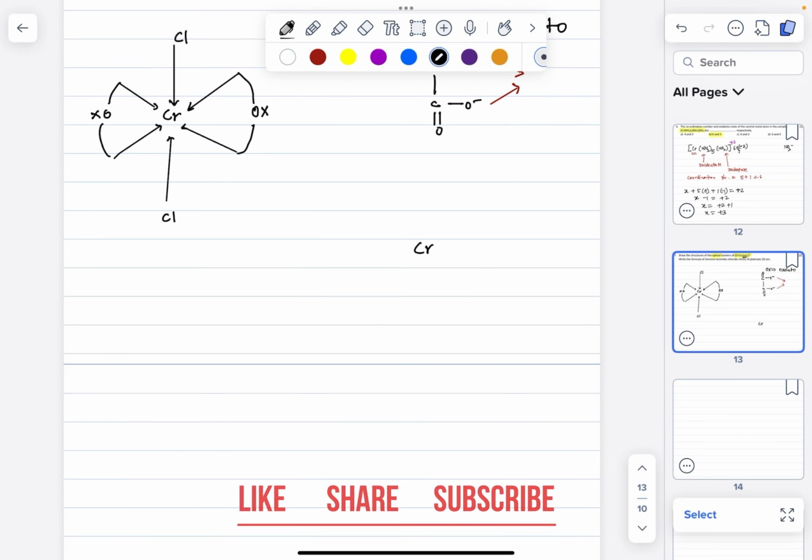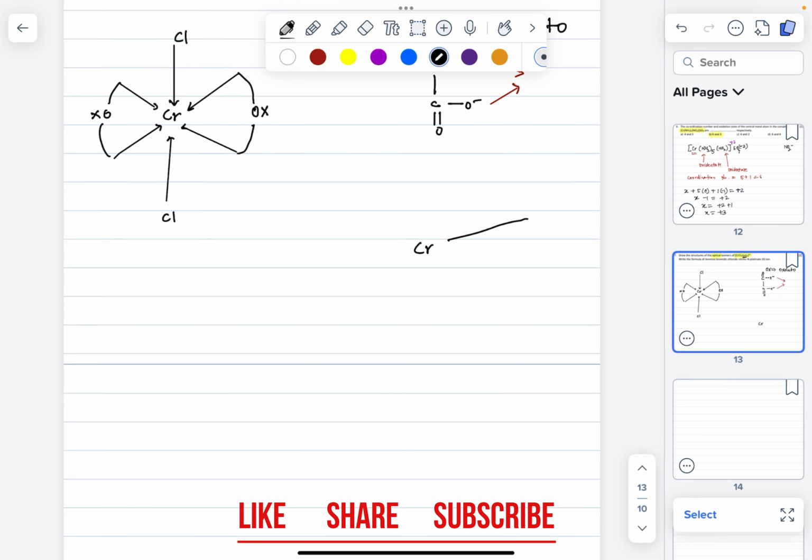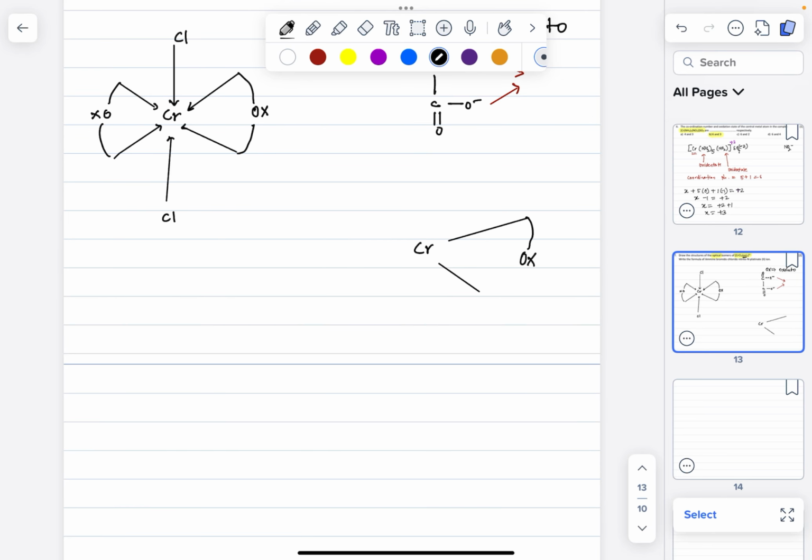Chromium, this is in one plane, this is in one plane. Chromium, ox. This is above the plane and this is below the plane.